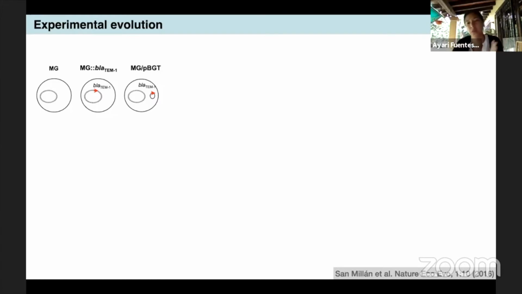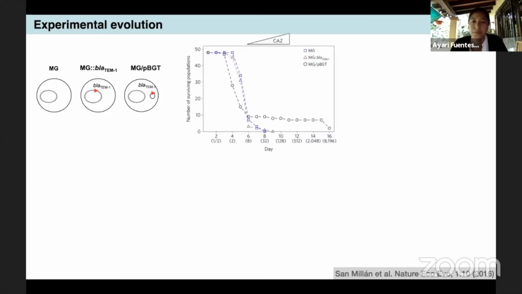One is the wild type without any resistance gene, which we are going to call MG, and the other is MG blaTEM1, an Escherichia coli strain that has one copy of the gene, but in the chromosome. So we compare the one that has the resistance gene in the chromosome, the one that is carrying the plasmid, and the wild type.